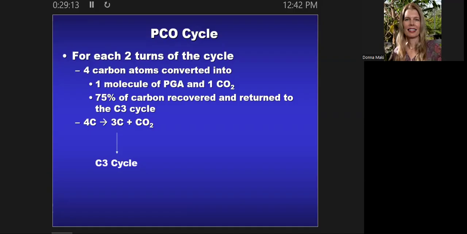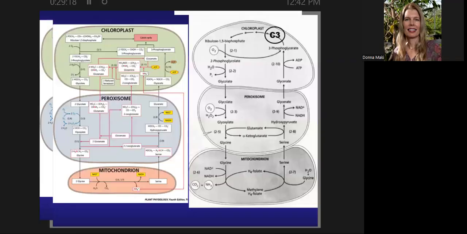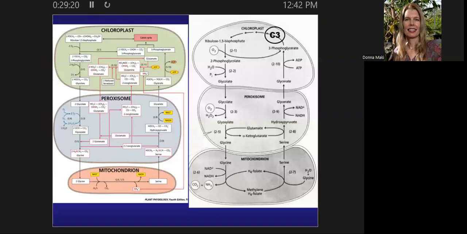So as far as thinking about when you're studying the PCO cycle, you don't have to know step by step, but I would like you to know the 3 organelles involved and know which molecules are mobile, which ones are moving. For example, it's the glycolate that comes out of the chloroplast and gets to the peroxisome, and then the glycine gets made, which then has to find the mitochondria.